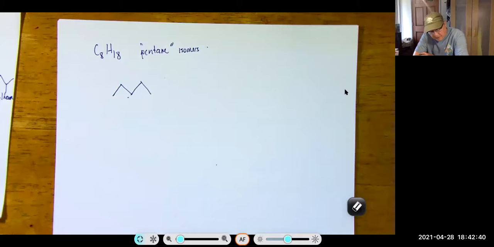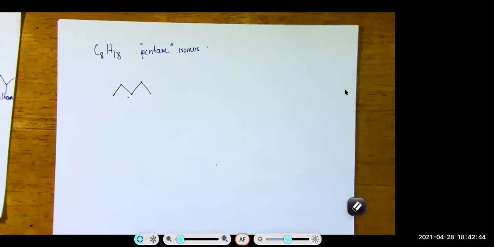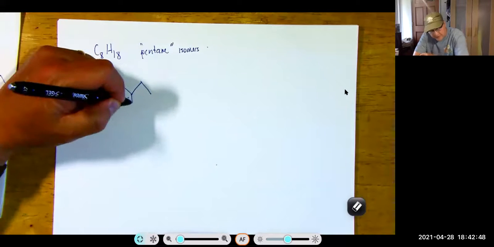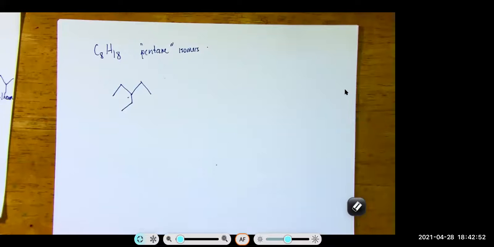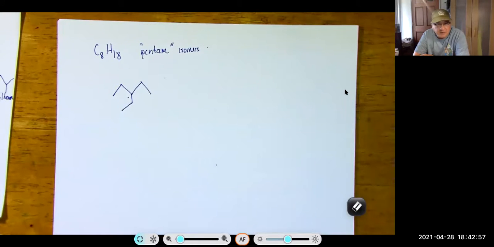Okay, so how many carbons do we have to add to this parent of pentane? 3. Oh, so I'm going to go ahead and put an ethyl right there. Do you suggest starting with ethyls? Yeah, I like to start with the ethyls and get them over with.